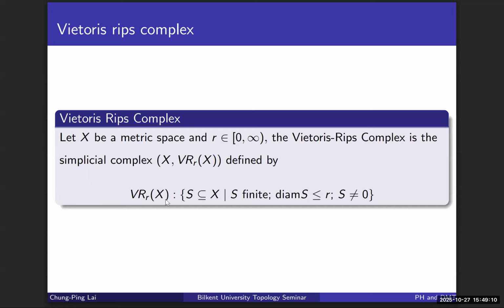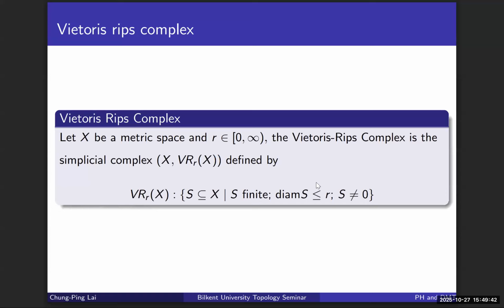VR_R(X) will contain more simplices as the value of R increases, because you are increasing the diameter, so you are allowing more finite subsets to join. That's how you have a filtration. This is why we care about filtration, if we care about persistent homology.